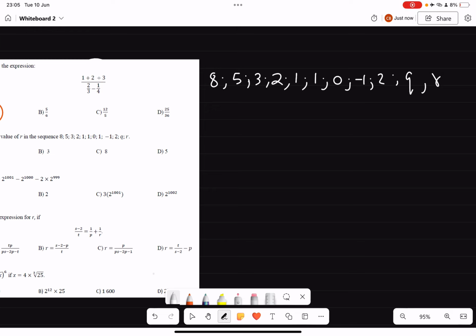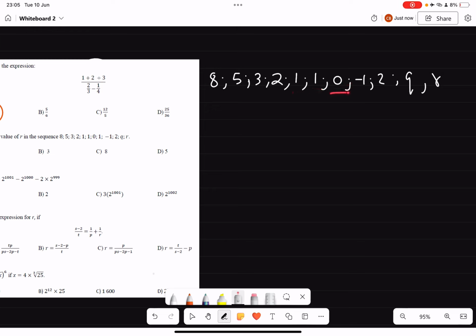Do you see it? So basically what I'm saying here is this minus that gives you that. This minus that gives you that. This minus that gives you that. That minus that gives you that.